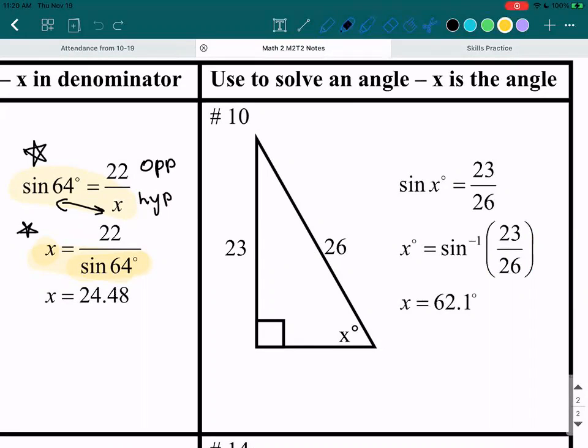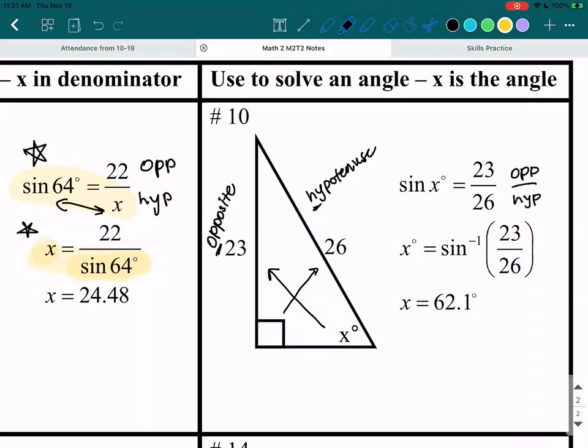If x is our reference angle, we have the opposite side and we have the hypotenuse. The hypotenuse is directly across from the right angle. So we have the O and the H for opposite and hypotenuse. That would mean we're using sine. So sine is opposite over hypotenuse.